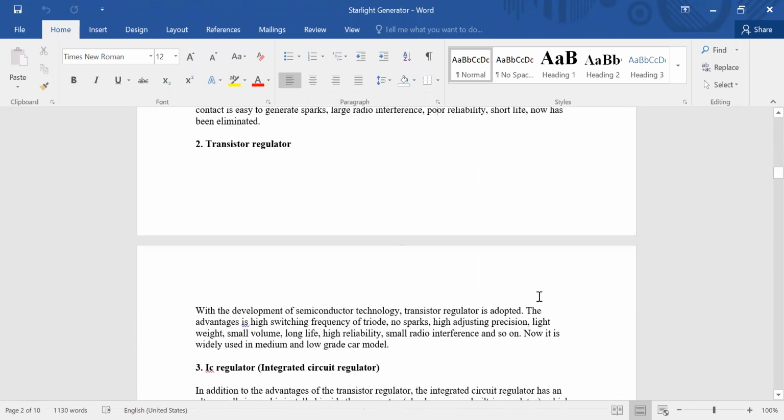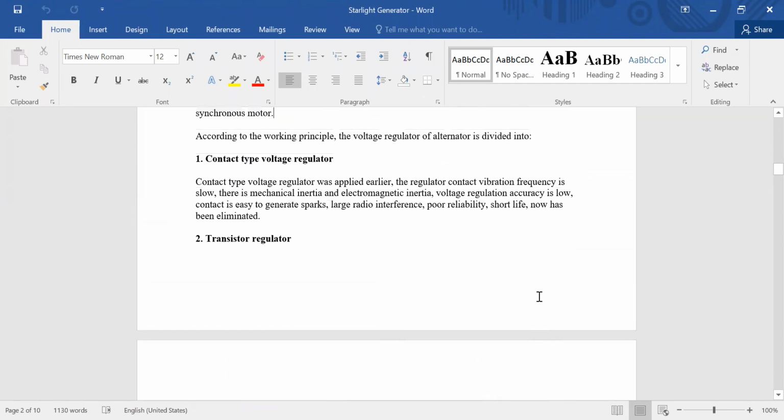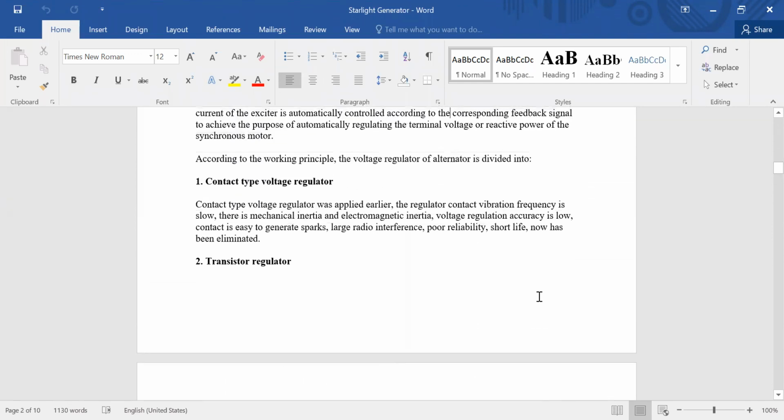So here, according to the working principle, the voltage regulator of alternator is divided into contact type voltage regulator. Obviously from the word, the contact type voltage regulator was applied earlier. The regulator contact vibration frequency is slow.